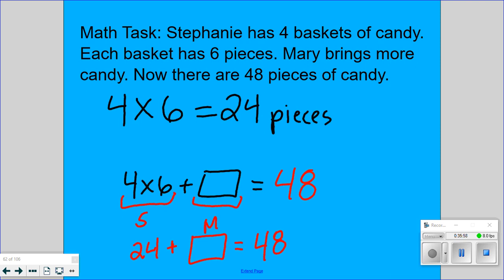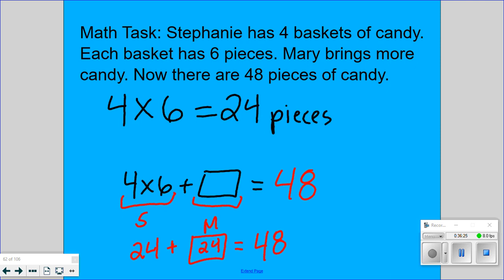What's going to go in that mystery number to make that equation true? John, you with us? Just making sure. What could go in there to make that equation true? Bryson? 24. 24 plus 24, is that going to give us 48? Yes. Yes, it is.